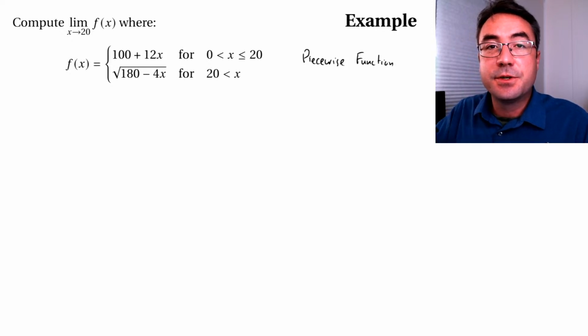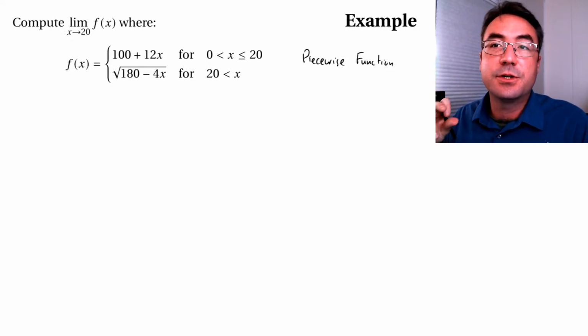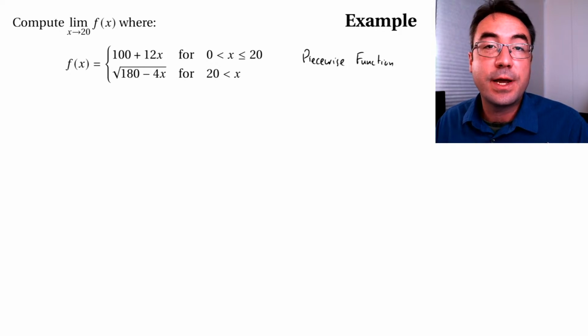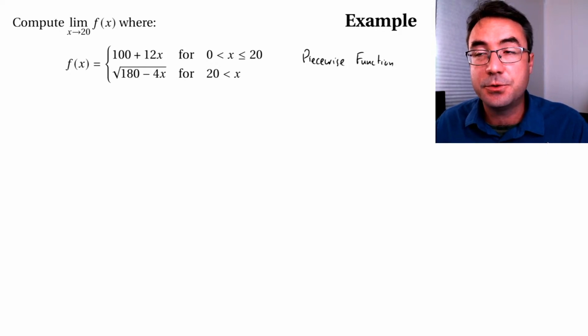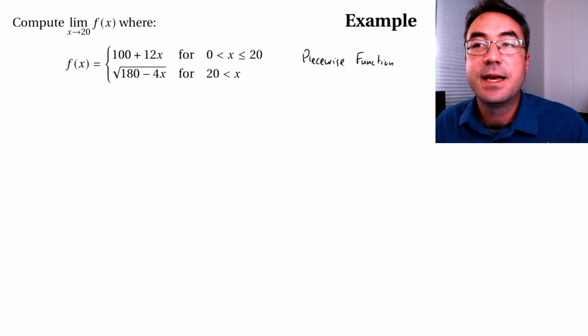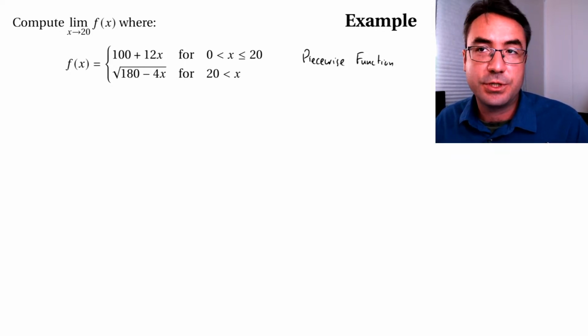And we see that there's really two pieces of our function. There's the 100 plus 12x piece, and that is defined for x greater than 0 but less than or equal to 20. And then we have the square root of 180 minus 4x, and that's defined for x greater than 20. And we want to do the limit as x approaches 20.